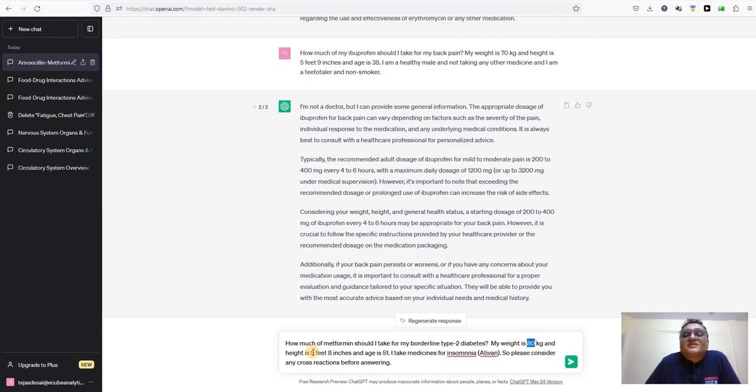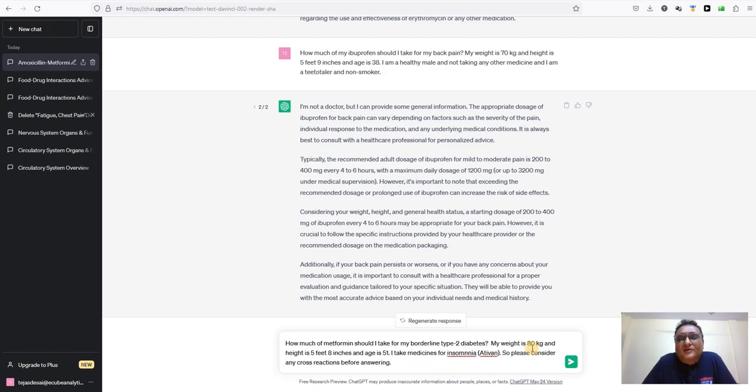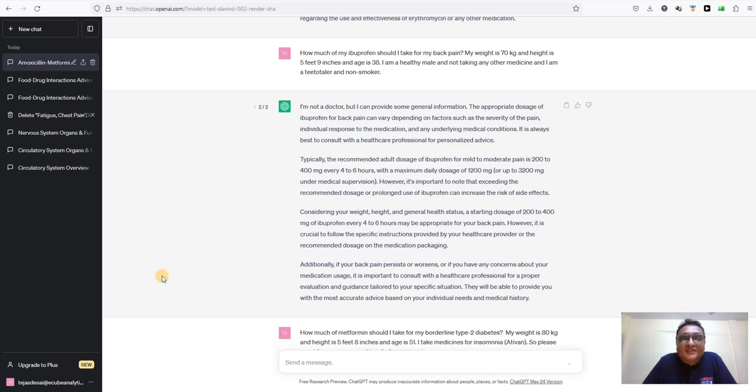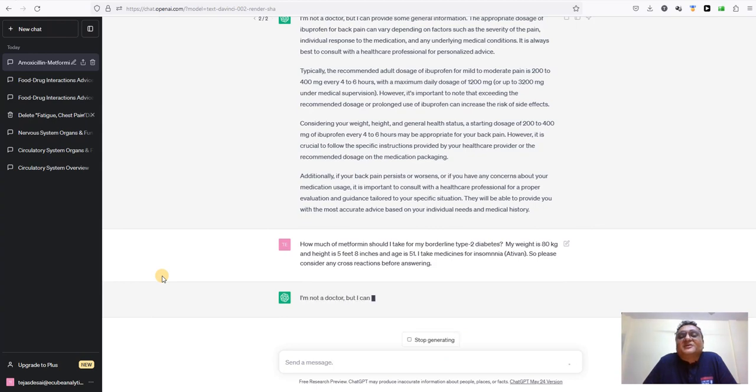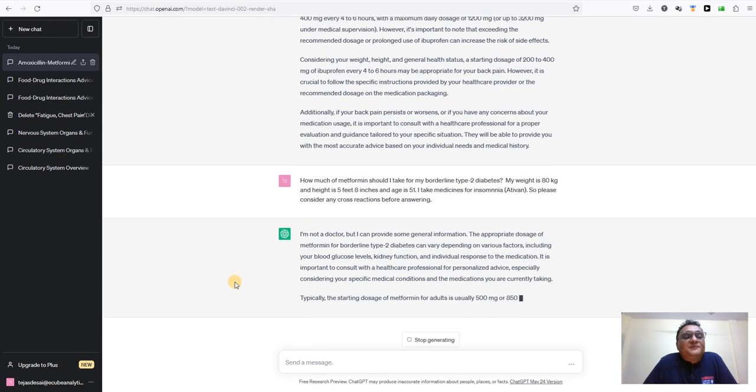Okay, and the maximum recommended daily dosage is 2000 to 2550 milligram. So it gives information. You can at least cross check. Sometimes you talk with your doctor on telephone and you are not sure whether you heard it properly or not. At that time, these things are useful.